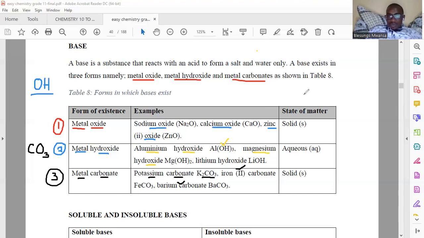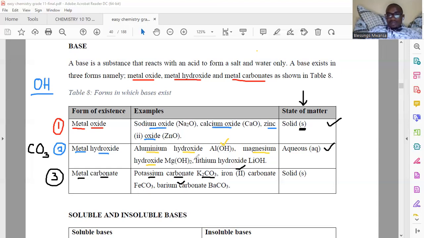Now, these three forms exist in different states of matter. A metal oxide exists in solid state. So whenever they write a metal oxide, they will use a state symbol of S. Metal hydroxide exists in aqueous state.